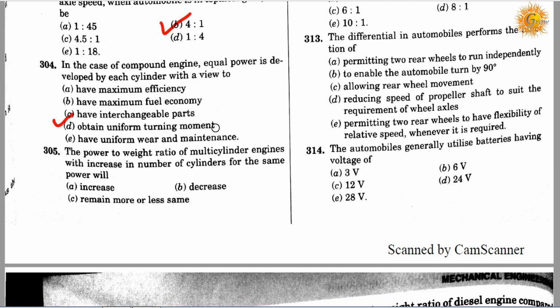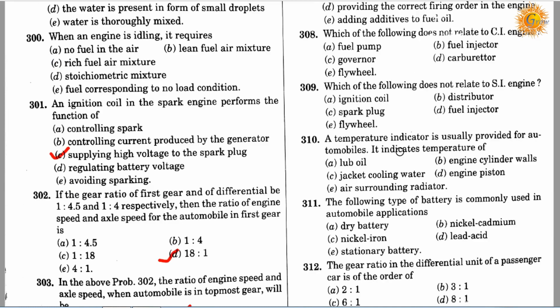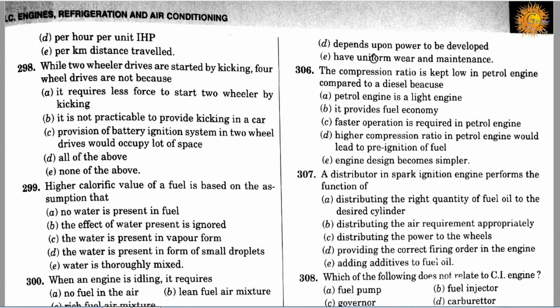Question number 305. The power to weight ratio of multi-cylinder engines with an increase in the number of cylinders for the same power will: option A, increase; option B, decrease; option C, remain more or less the same; option D, depend upon power to be developed; option E, have uniform wear and maintenance.